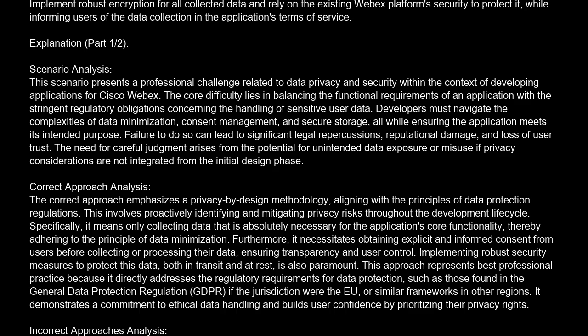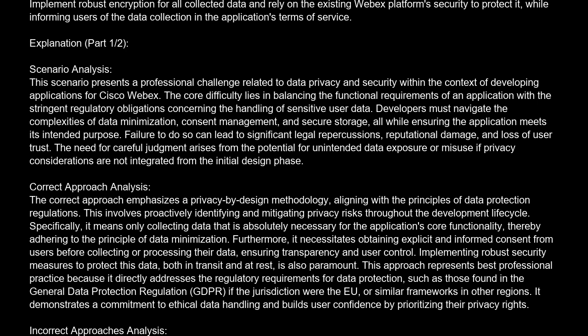Specifically, it means only collecting data that is absolutely necessary for the application's core functionality, thereby adhering to the principle of data minimization. Furthermore, it necessitates obtaining explicit and informed consent from users before collecting or processing their data, ensuring transparency and user control. Implementing robust security measures to protect this data, both in transit and at rest, is also paramount.